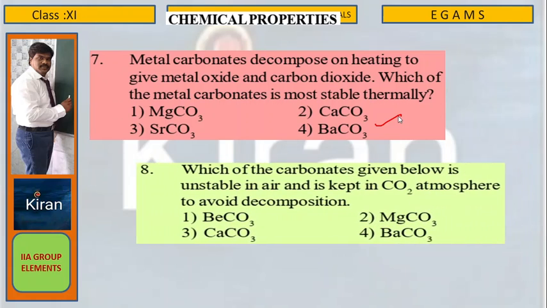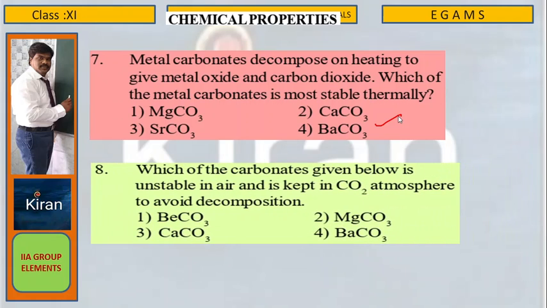Which of the following carbonates is unstable in air and is kept in CO2 atmosphere to avoid decomposition? Generally, all the carbonates of alkaline earth metals will be decomposed on heating. Like I told you, magnesium carbonate upon heating gives magnesium oxide and carbon dioxide.